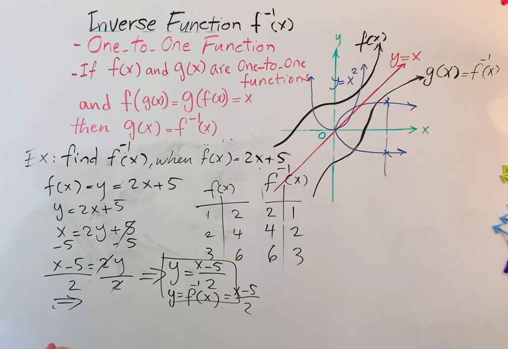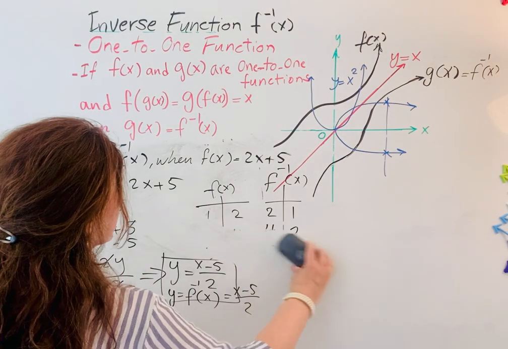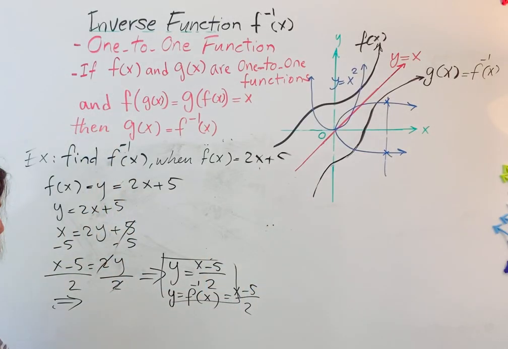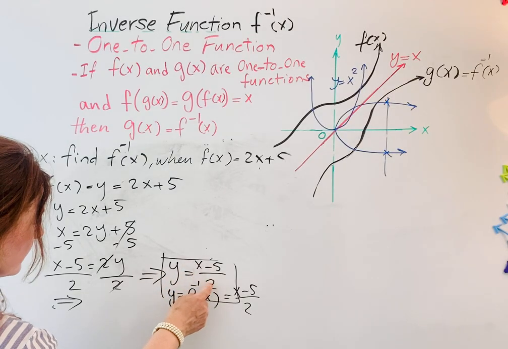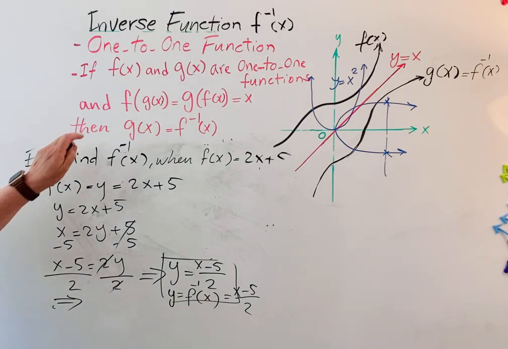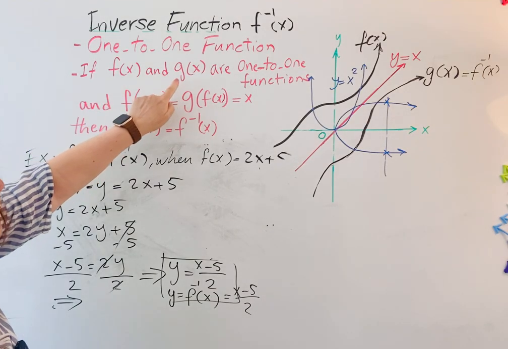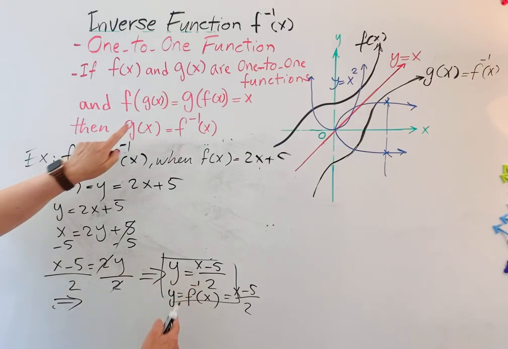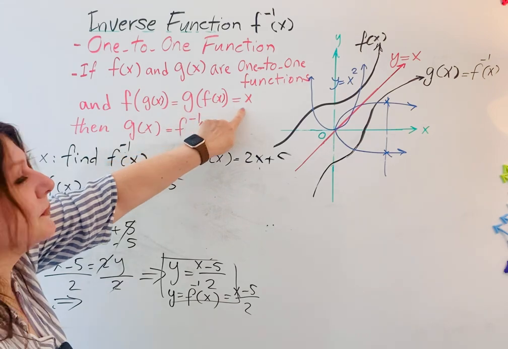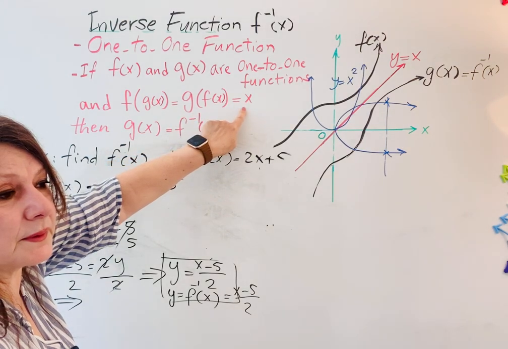But before finishing this video, I need to show something else. I say that y equals x minus 5 over 2 is the inverse function of this one. But how can I check this one? How can I show this is right? Okay, I said if f of x and g of x, two functions, are inverse to each other, the composition of them must imply x.